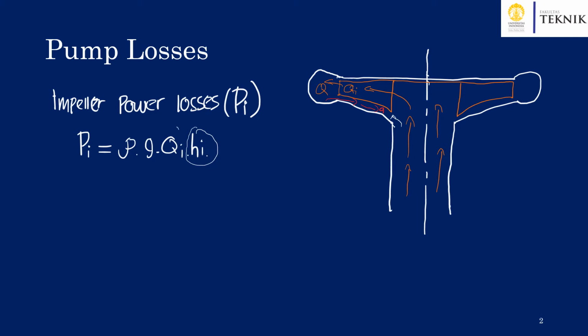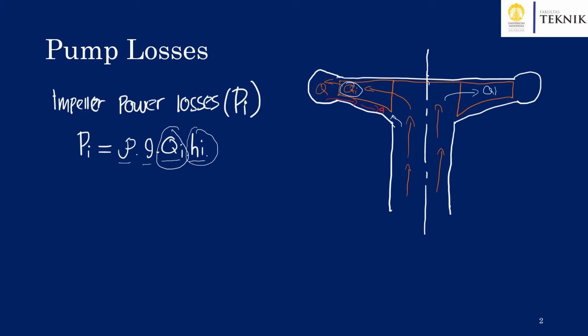So QI here is the flow rate of the fluid flowing through the impeller, and therefore, the power loss at the impeller is equal to the density multiplied by gravity multiplied by the flow rate of the fluid inside the impeller and the head loss due to friction at the impeller.